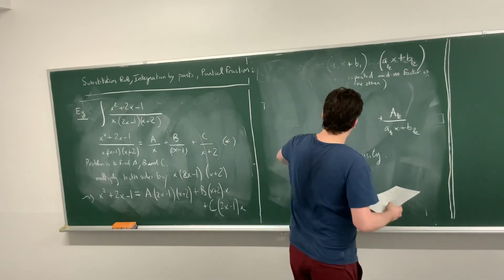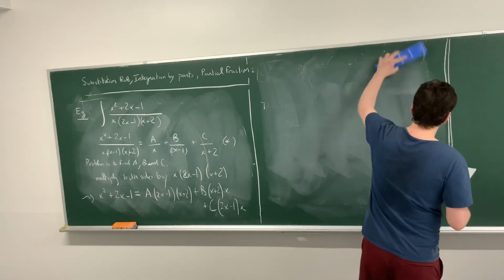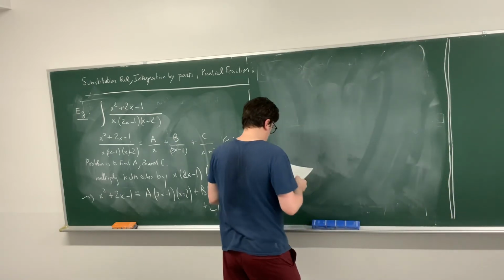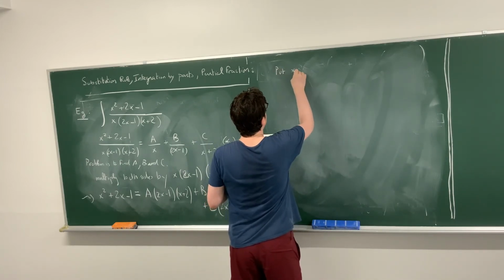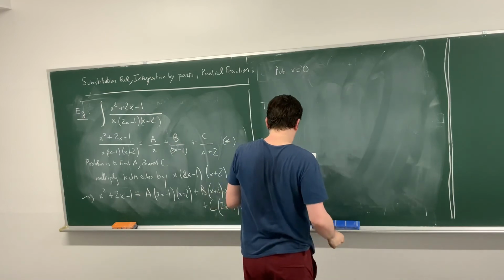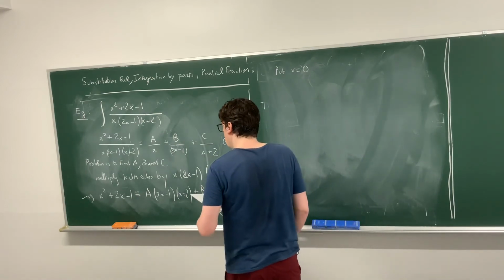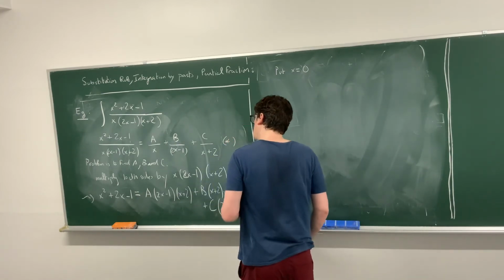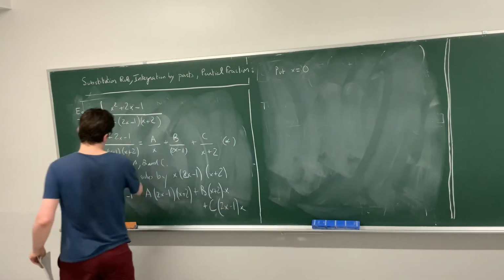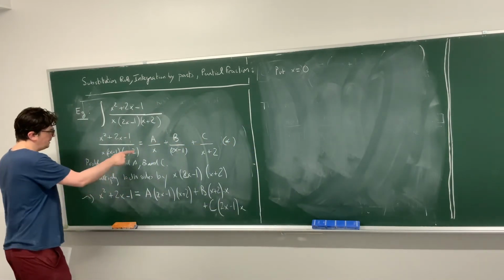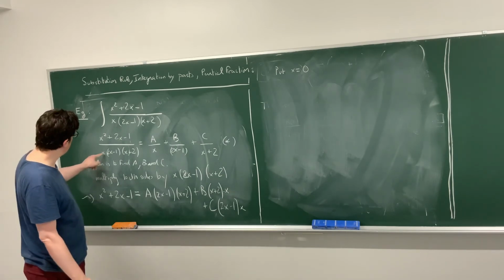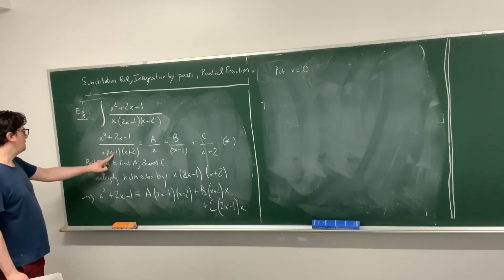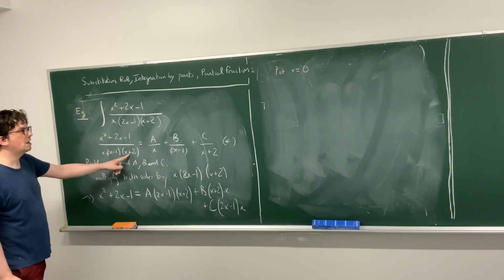Now, how do you find a, b, and c? Well, put x equals 0. Basically you are going to evaluate this at all the roots. So you have the roots x equals 0, x equals half, and x equals minus 2, right?